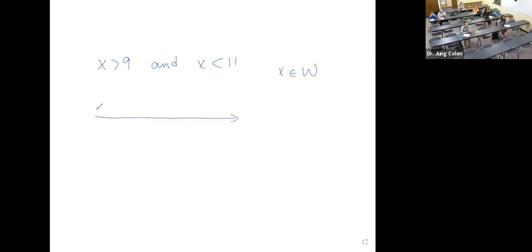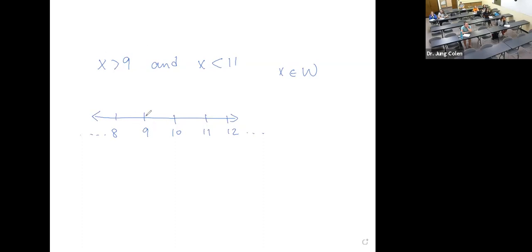If we use a number line, we are dealing with only the whole numbers. So let me put 8, 9, 10, and 11. These are the whole numbers, and of course we have more numbers on both sides. Now x is greater than 9.